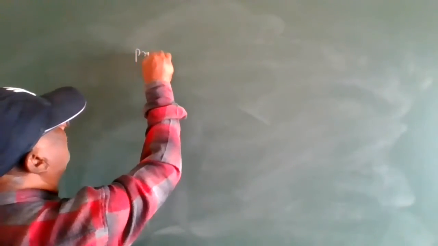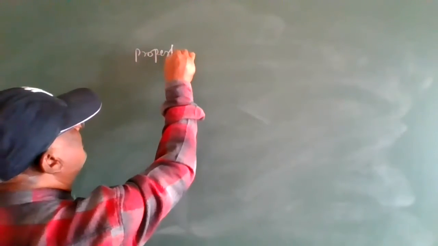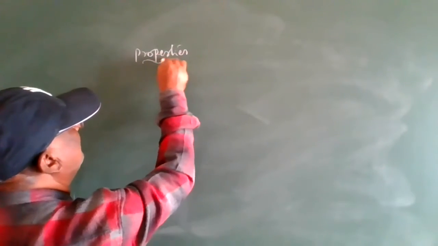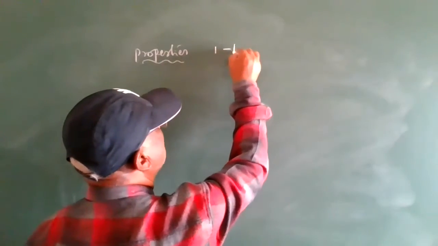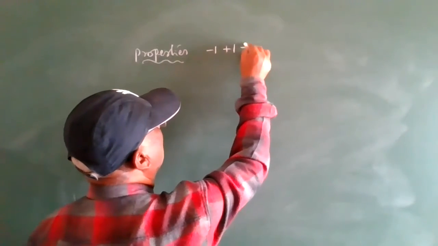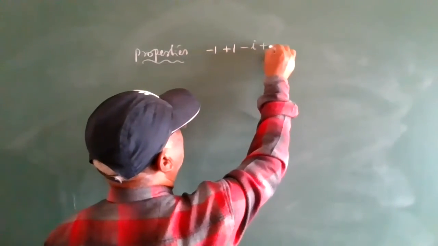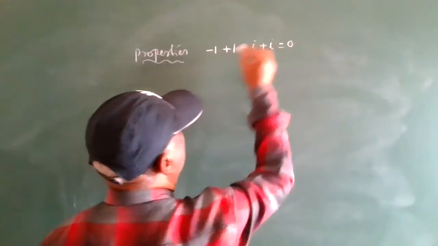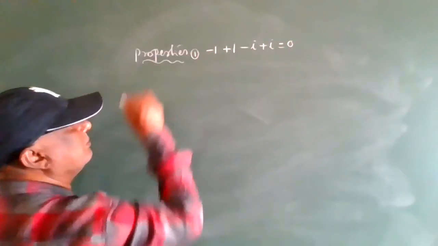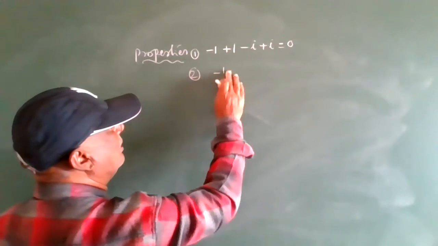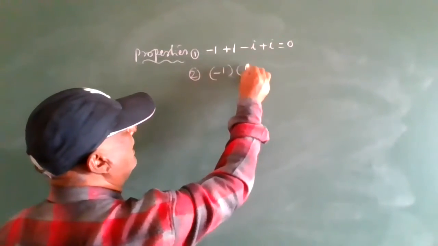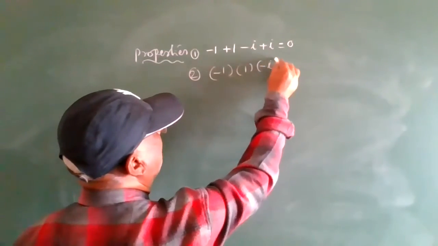Here are the properties of the fourth root of unity. Addition: 1 minus 1 minus 1 plus 1 minus i plus i, so adding all the values gives 0. The second property: the product of minus 1 into 1 into minus i into i.